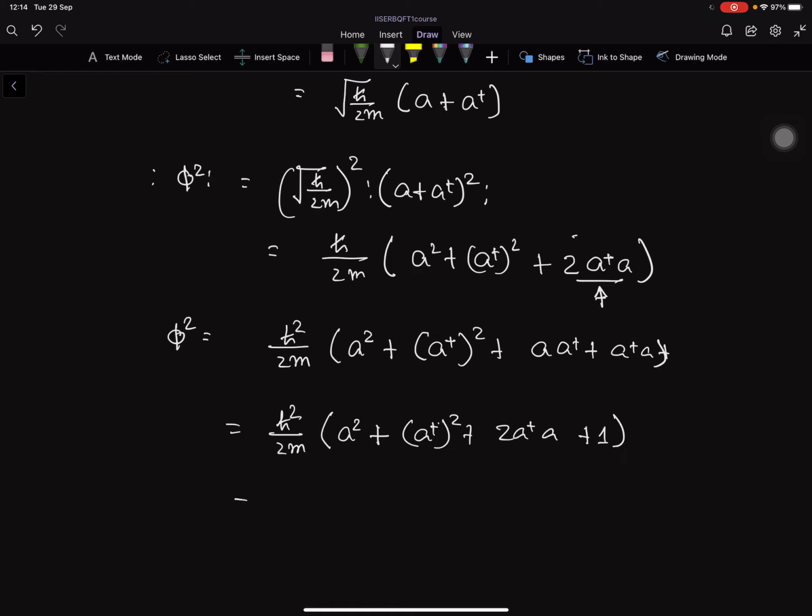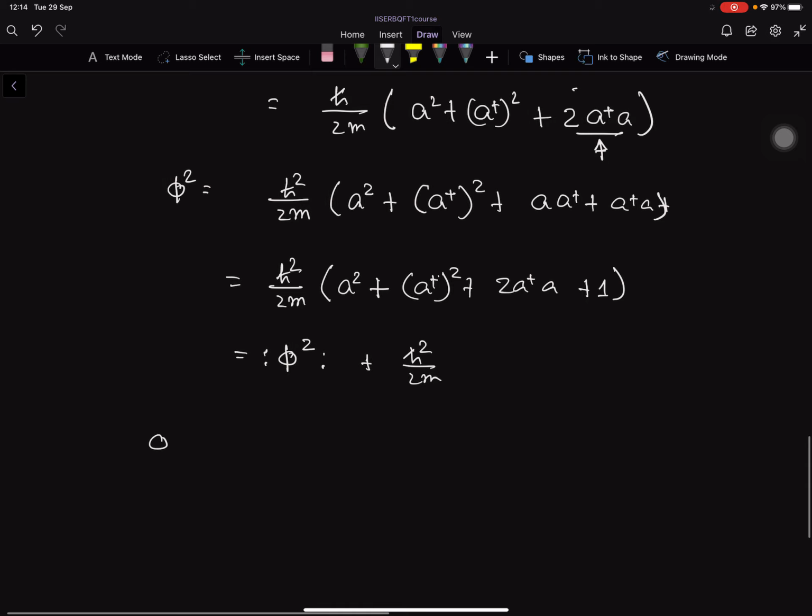Okay, which is the same as normal ordered phi square plus h bar by 2m. So what we found is that phi square is the same as normal ordered phi square plus h bar by 2m.